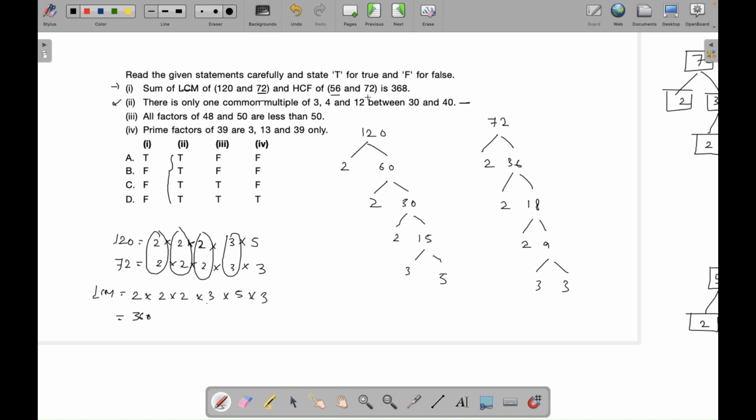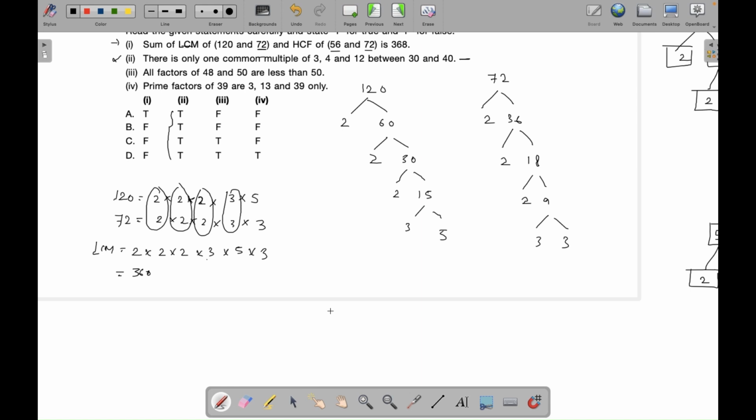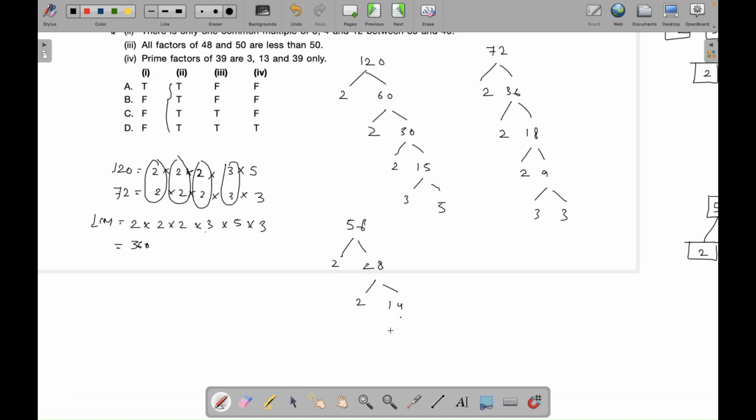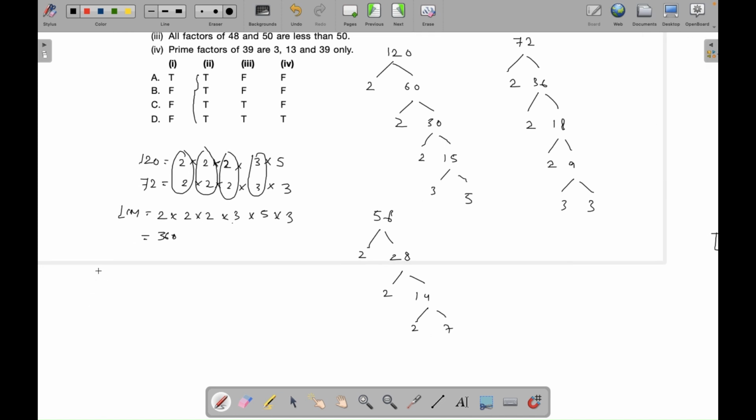Now we need to find the HCF of 56 and 72. We have already done the prime factorization of 72, so no need to repeat it. 56 will be 2 times 28, 2 times 14, and 2 times 7. 72 we already know was 2 times 2 times 2 times 3 times 3, and 56 was 2 times 2 times 2 times 7.